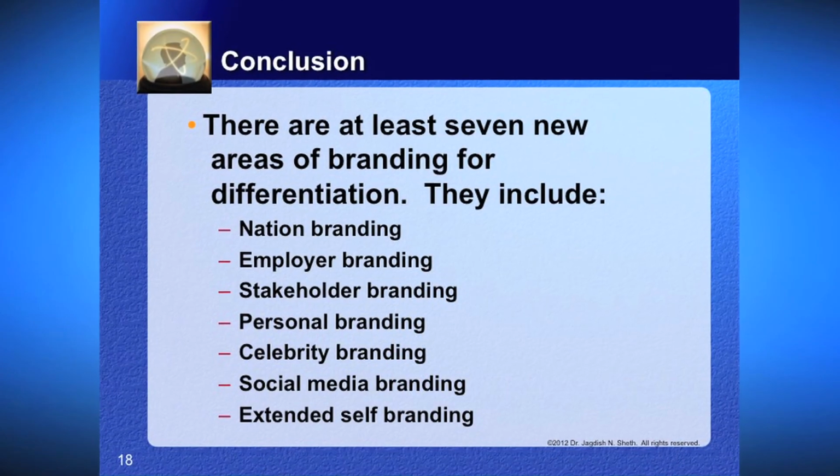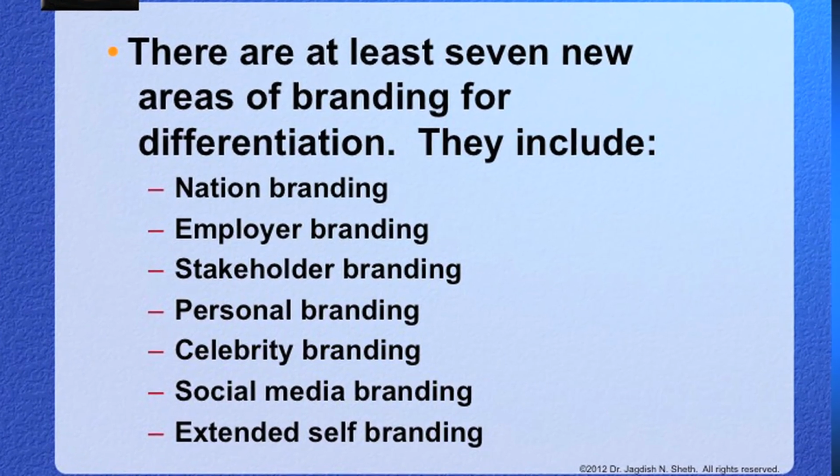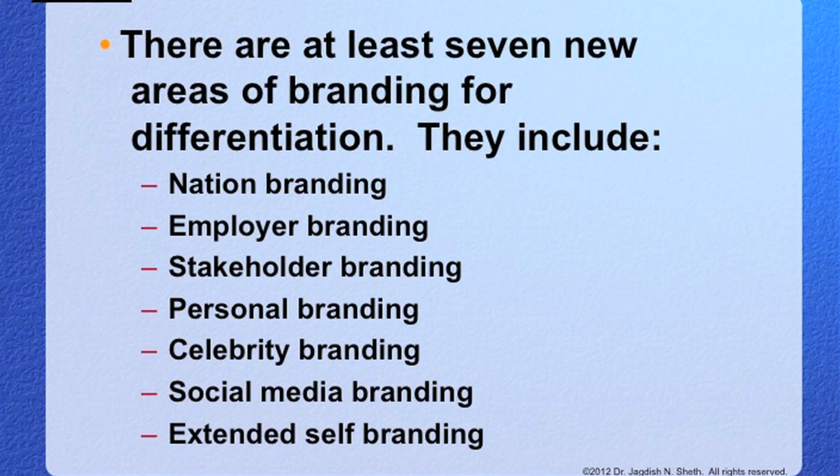There are 7 new areas of branding for differentiation, and they include, as I mentioned, nation branding, employer branding, stakeholder branding, personal branding, celebrity branding, social media branding, and extended self branding.